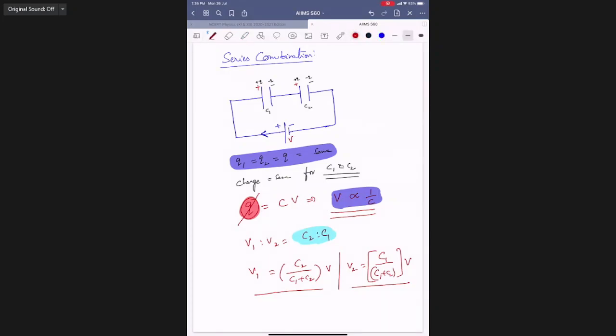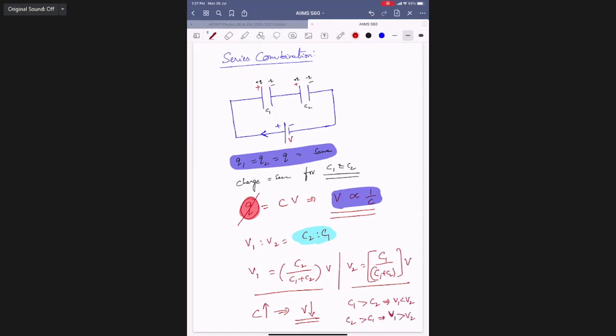That means in this series combination, if the capacitance is more, the potential difference will be the least. So C1 greater than C2 implies V1 is less than V2. C2 greater than C1 implies V1 is greater than V2.